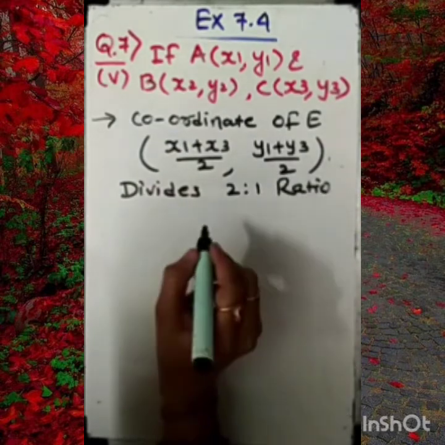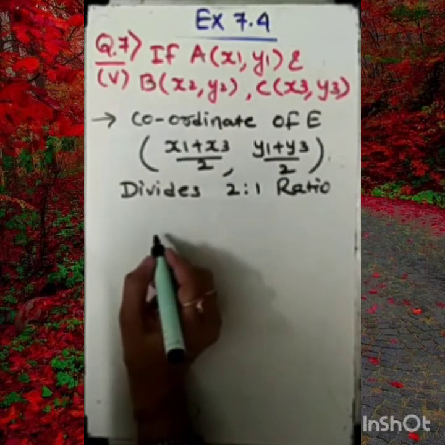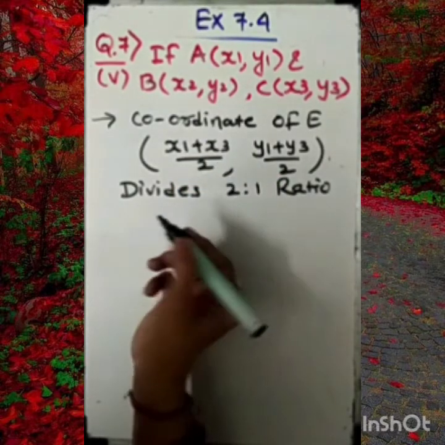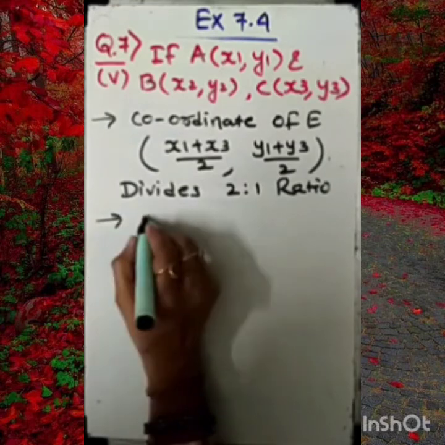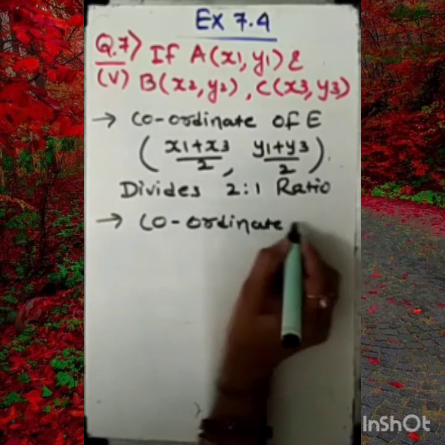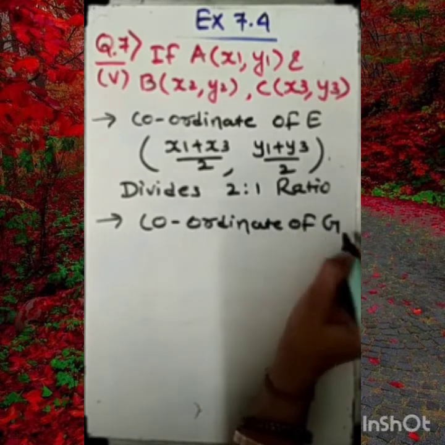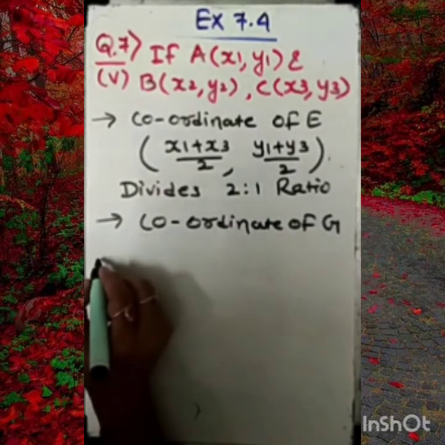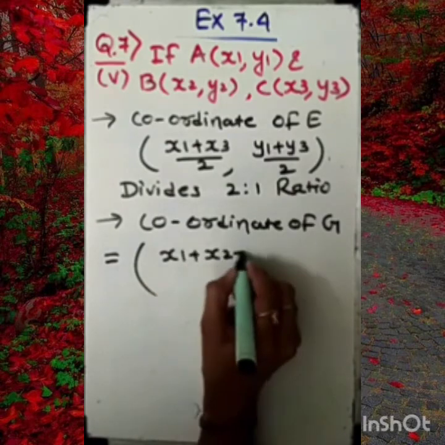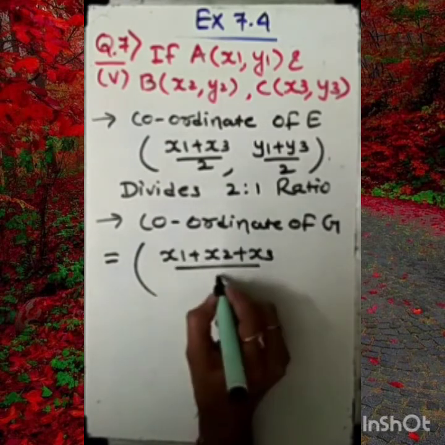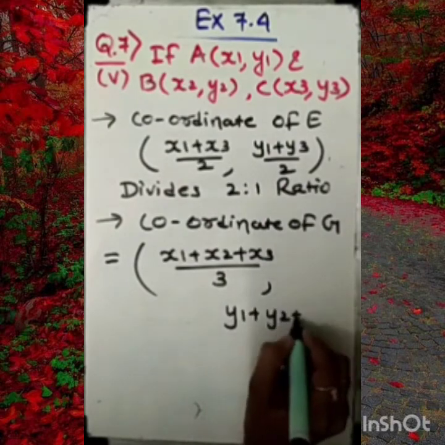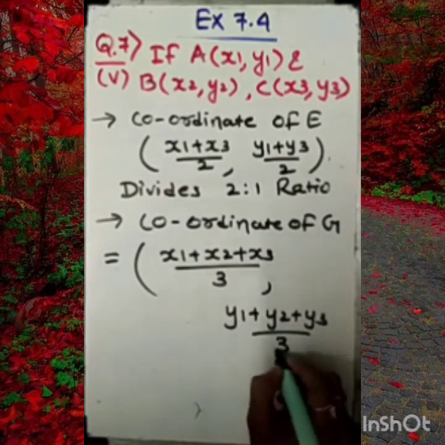So simply, if I want to find the coordinates of the dividing point, that is G again, for that I need to mention the coordinates of G, that is the meeting point. That will become x1 plus x2 plus x3 divided by 3, comma, y1 plus y2 plus y3 divided by 3.